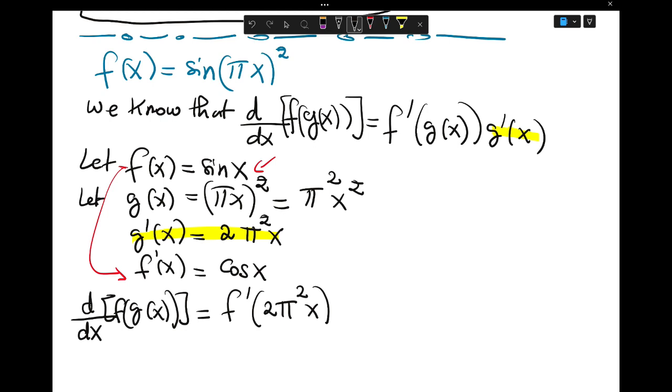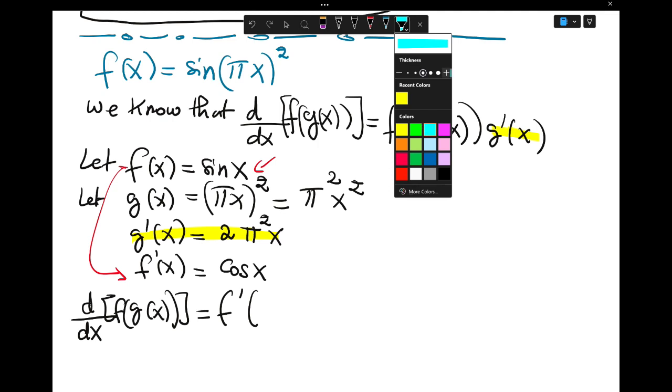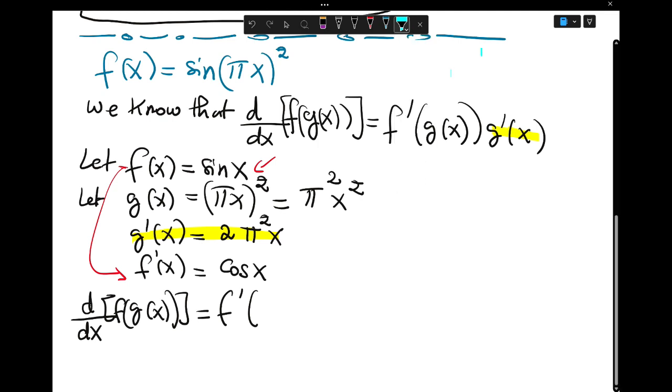Oh, I made a mistake here, sorry, hold on, let me fix this real quick. All right, so this will be f prime of g of x, and this is g of x.